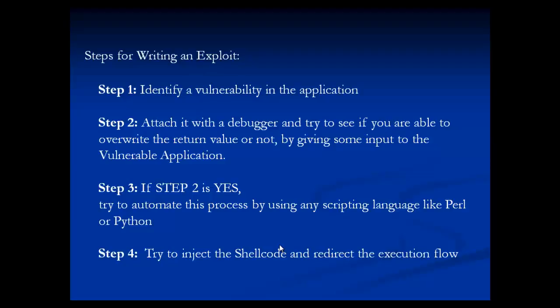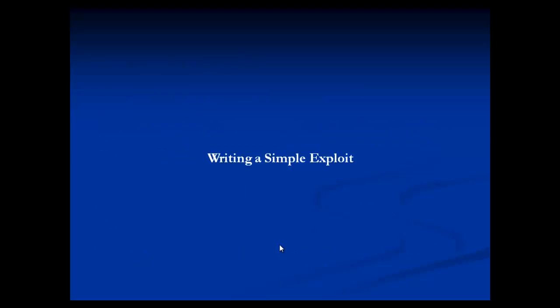And step 3 is, if step 2 is yes, then try to automate the process by using any scripting language like Perl or Python. And the last step is we have to try to inject some shellcode and redirect the execution flow. And now let us try to understand these steps in a practical way.